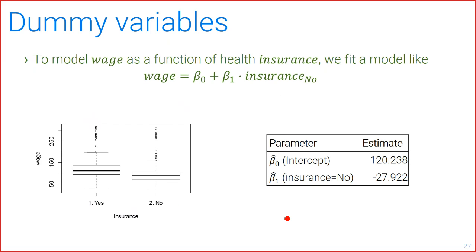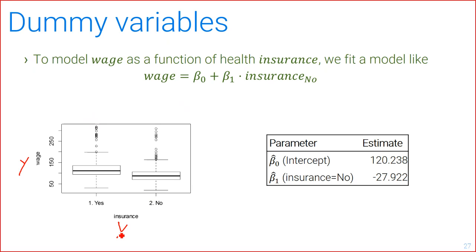Here we have data about the salary of people as a function of whether they have health insurance or not. And what we see here with the box plot is that there appears to be a difference between the two groups. People having insurance tend to have a higher salary than people without insurance. So we could build a model in which we model the response Y as a function of the insurance.